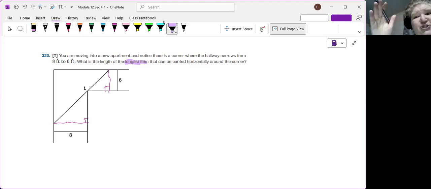What we actually want to do is minimize the length, because whatever the shortest length is, if I look at all the different lengths, if I wibble that L back and forth, rotate it, whatever the shortest L is, that is the longest object that I can put through that'll make the pivot. So even though it says longest item, we are actually going to minimize the length.